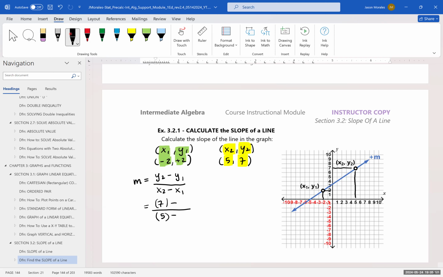So we're going to have 7 minus 2, which is 5. And then a negative times a negative is going to be a positive. So this is really 5 plus 2, and so that's positive 7. So the slope of our line is 5/7.